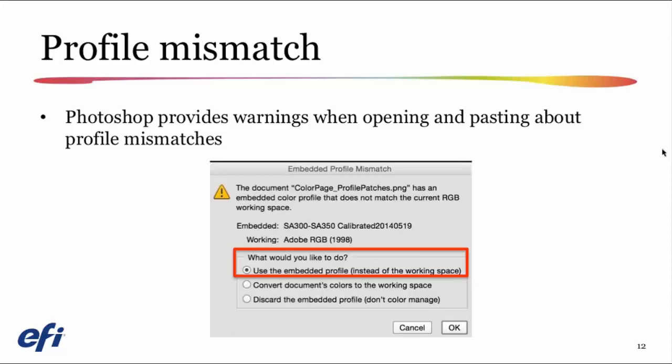It will say there's an embedded profile mismatch. In this example, I'm opening another document that actually has a monitor profile assigned to it, which is actually very bad practice. And Photoshop says, I'm working in RGB. What should we do? Typically, the best choice is to convert it to our working space, but in some cases we use the embedded profile so we can see the appearance of the file before we make that conversion.